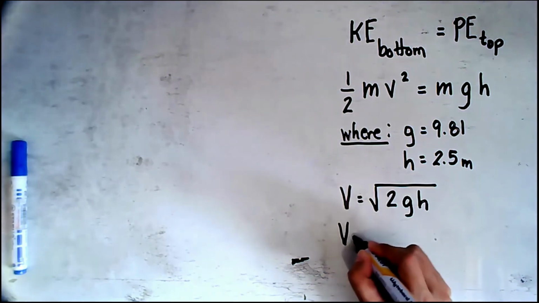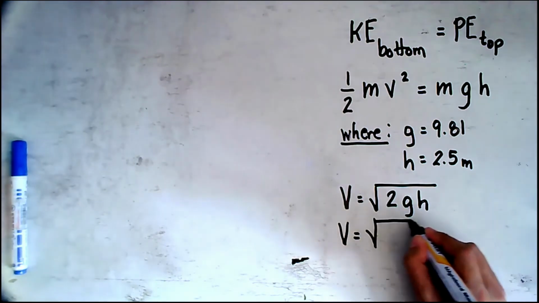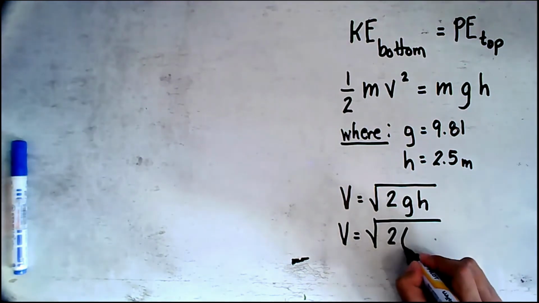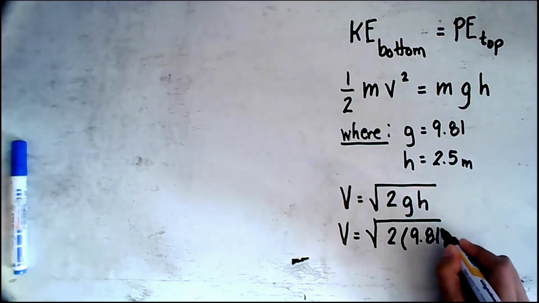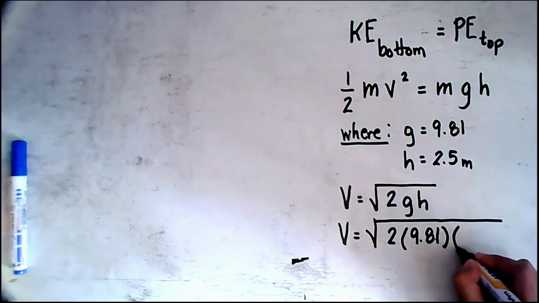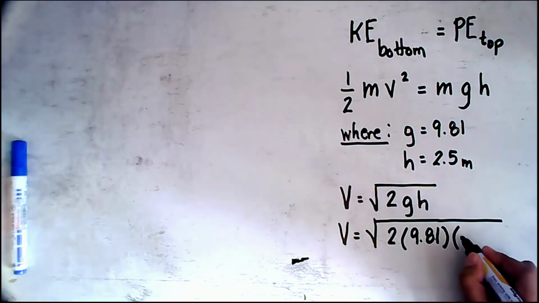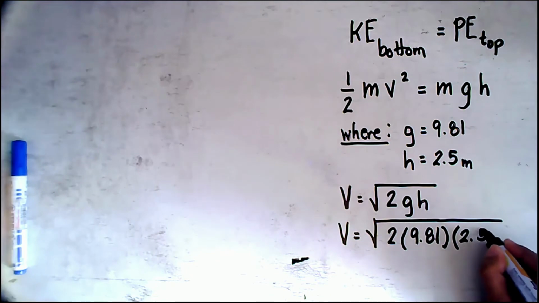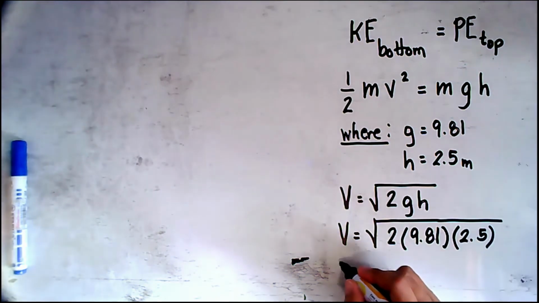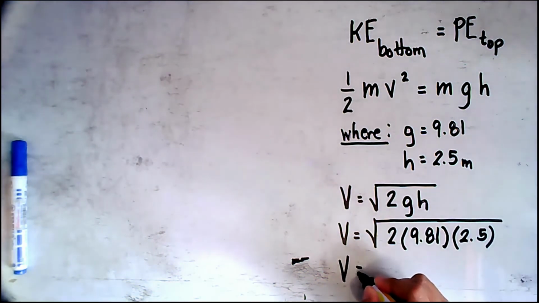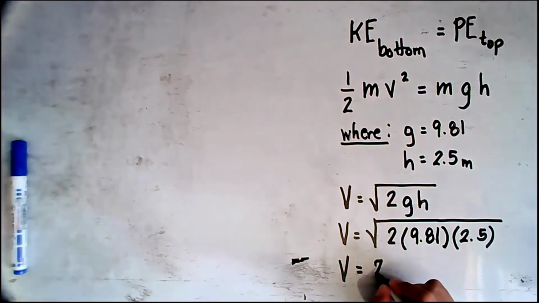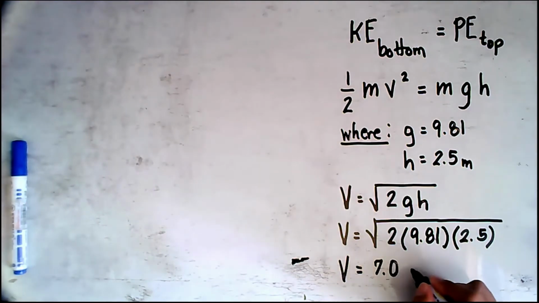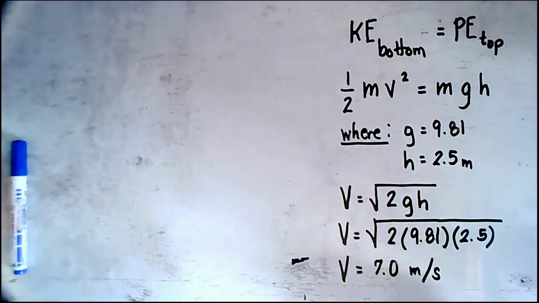So the velocity is the square root of 2 times 9.81 times the height, which is 2.5. By calculation, the velocity is 7.0 meters per second.